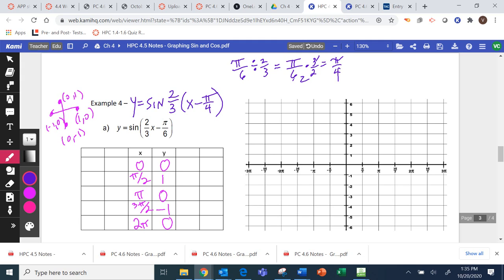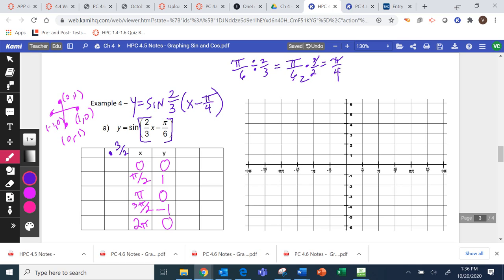Transformations, what's it do? Patrick, what's it do? So it is written as part of this sine function, so it's not vertical. What am I going to multiply by? 3 over 2. So is that a stretch or a shrink? That's a stretch, right?